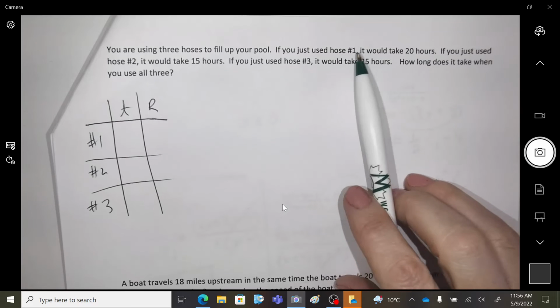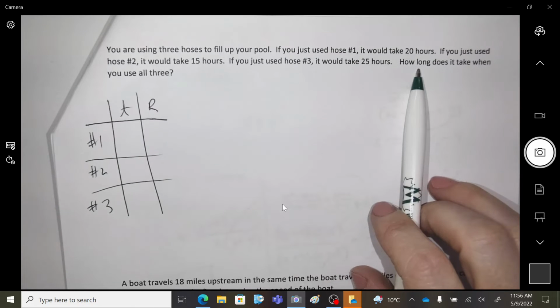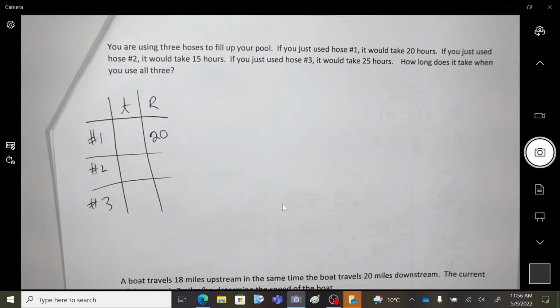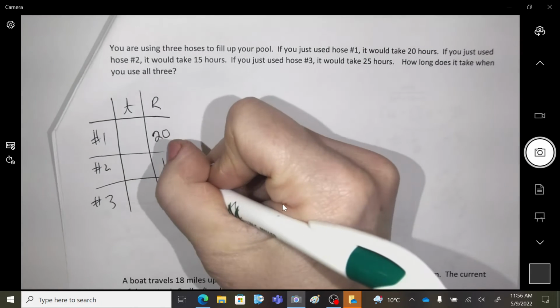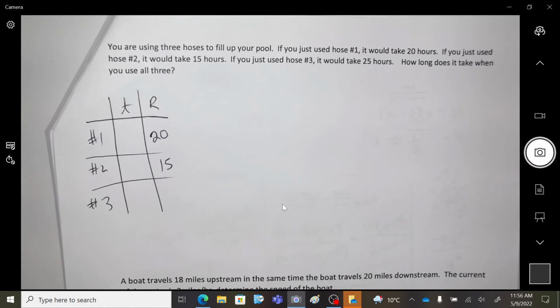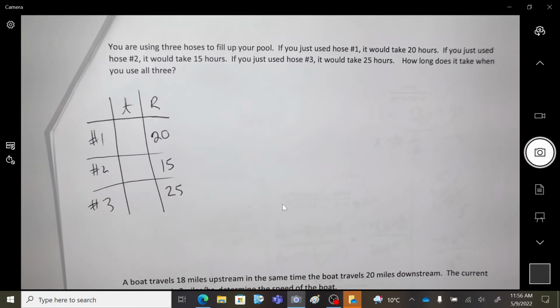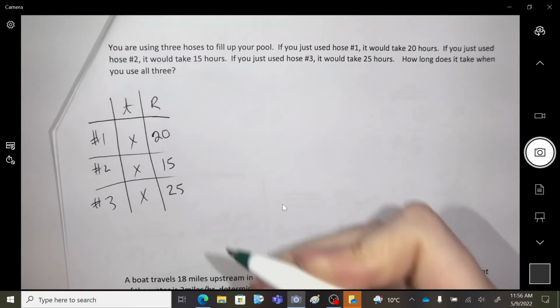If you were to only use the first hose, it would take 20 hours. So that's an alone finished job, so that's a rate. If you were only using the second, it would take 15 hours. That's a rate. Hose 3 takes 25 hours alone. That's a rate. How long does it take if you were to use all 3 of them? So what is that time?